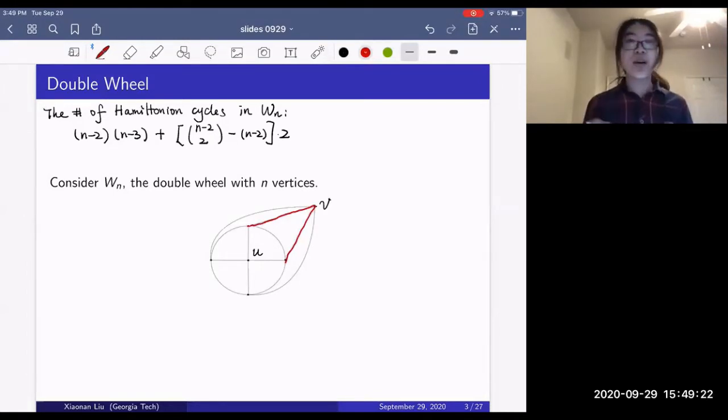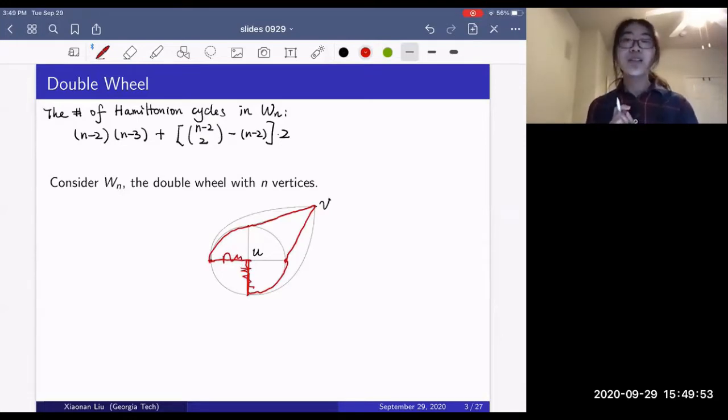If we want to get a Hamiltonian cycle, the two edges incident with U should also be contained in one triangle. Here I can give you an example, like if we choose this one. This is a Hamiltonian cycle, and these two edges are also contained in one triangle here.